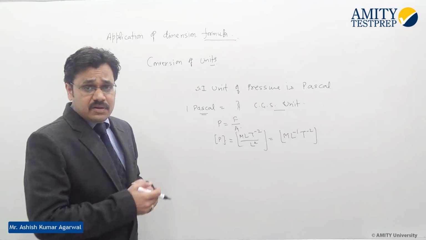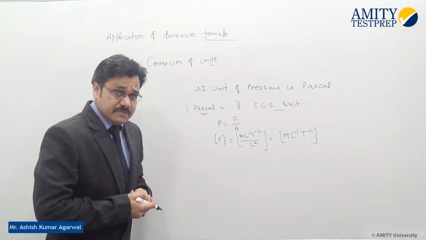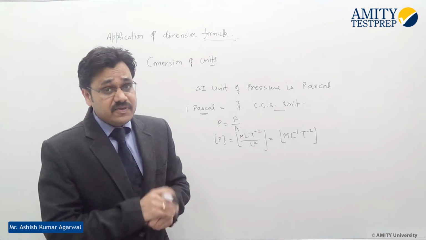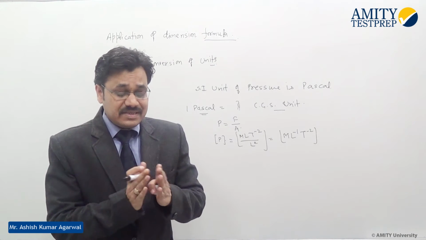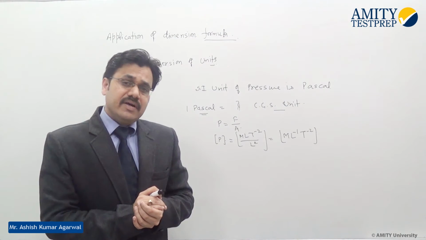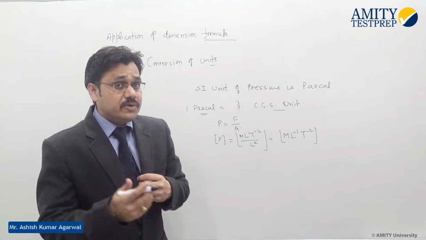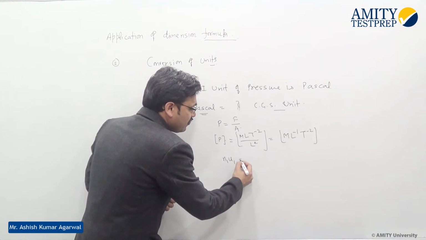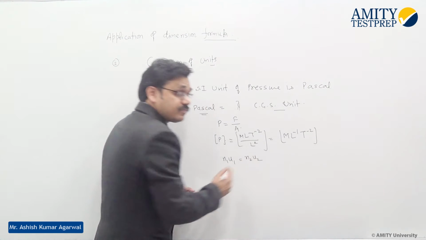One more thing is there. Any physical quantity, any derived quantity, requires two things: numerical value and the units. And the product of numerical value and the units will be constant. So you have to equate these two: n1 u1 should equal n2 u2.